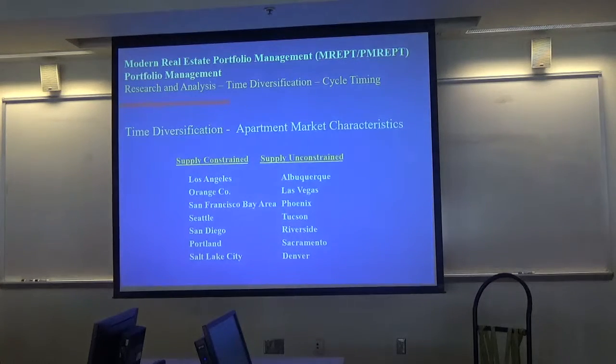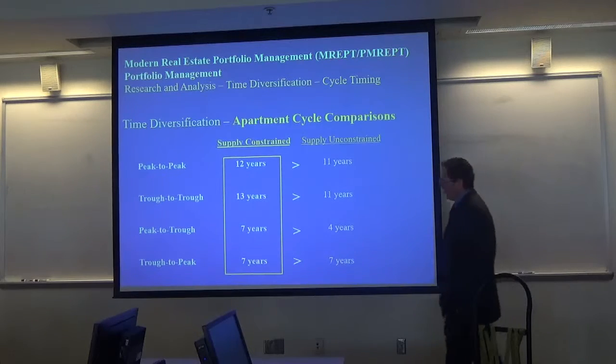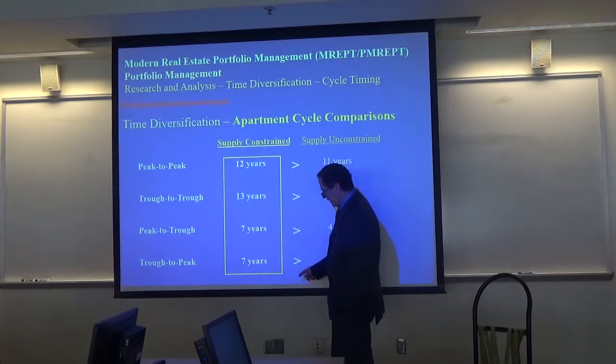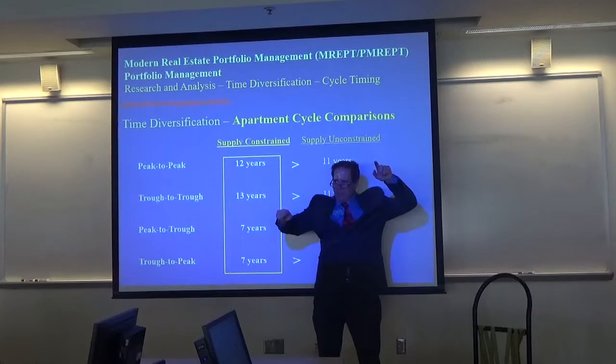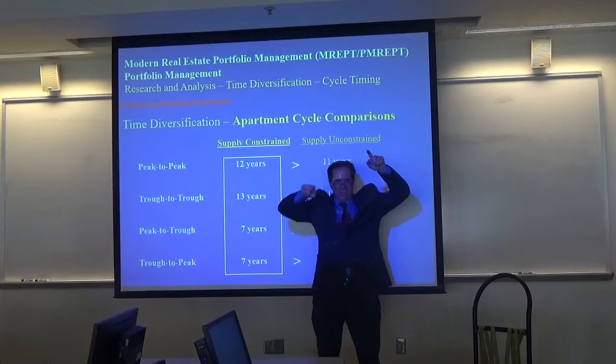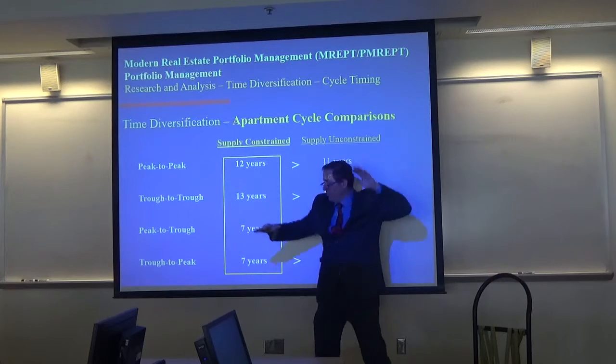And what we did was we found out that in supply-constrained markets, particularly from peak to trough, so when you go from peak to trough, that's an integral in calculus. So the rents that you're banking, you're collecting it longer over the cycle.